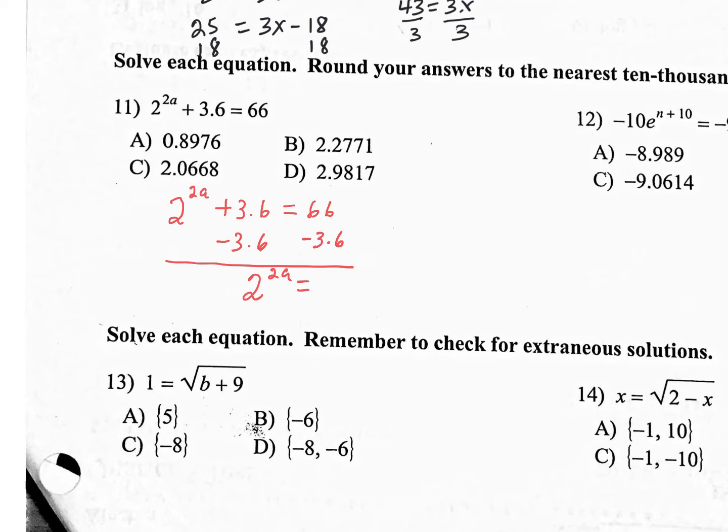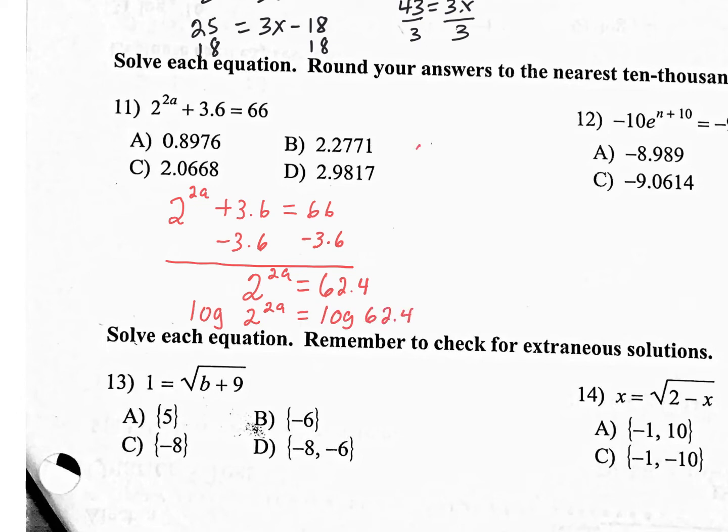And you get 62.4. Remember what I taught you. We can't find a common base, so we have to introduce logarithms. So we're going to write log, base 10, of 2 to the 2a is equal to log base 10 of 62.4.